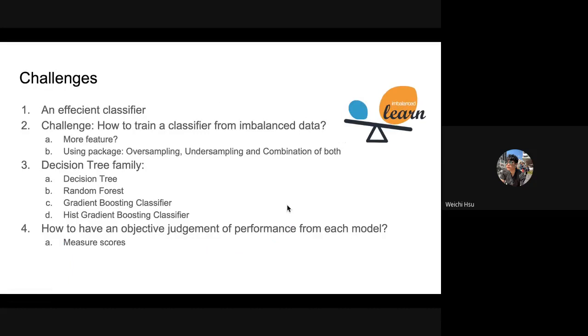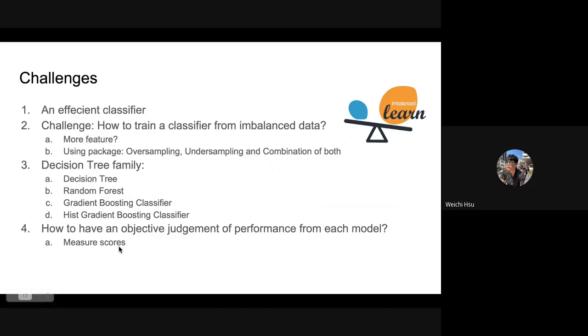And the main challenge I would like to conclude is that our target is to find the best pair of sampling method and model to give us the best performance classifier. The first challenge is to pick a sampling method. We have the oversampling method, undersampling, and the combination of both. For the model, we decided to use the decision tree family and their advanced versions.